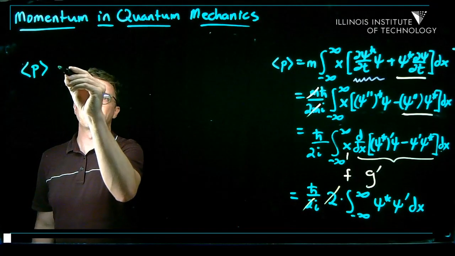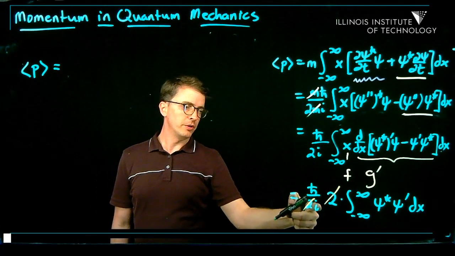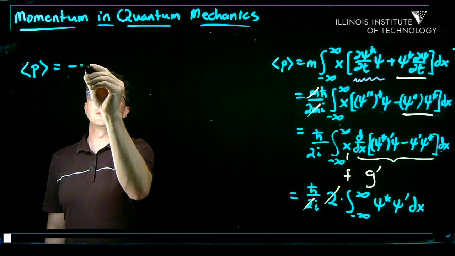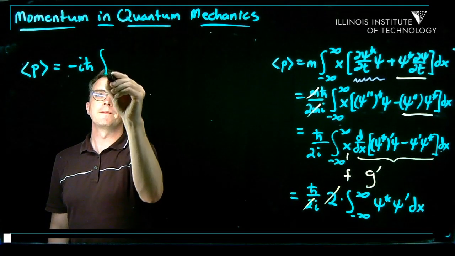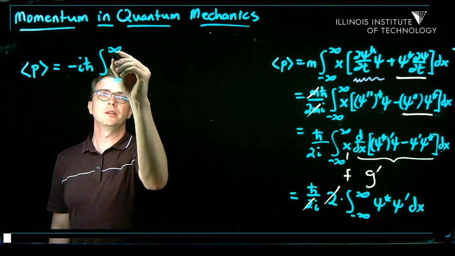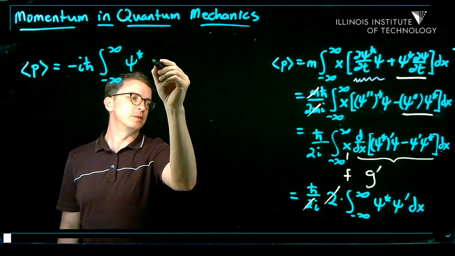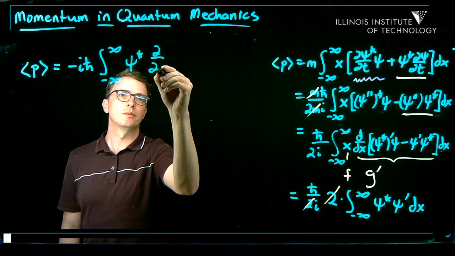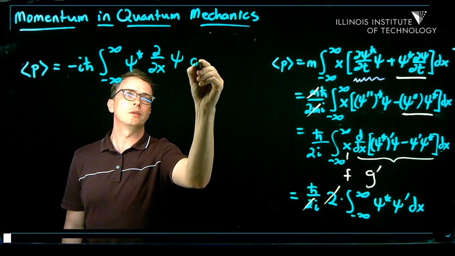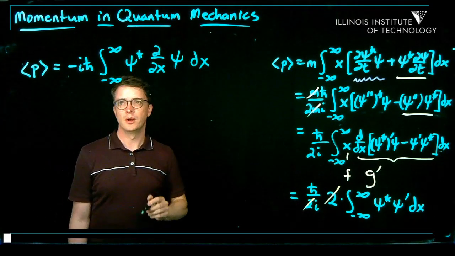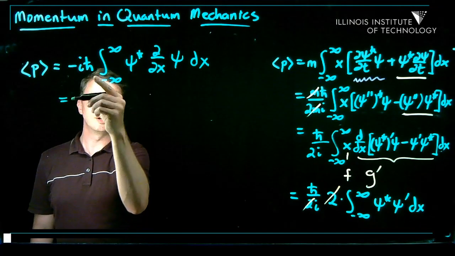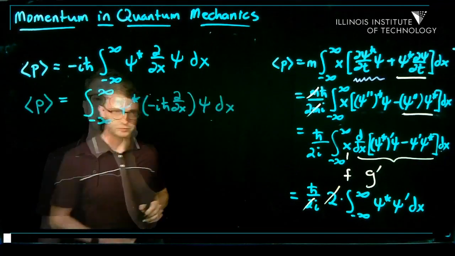Average p. 1 over i is minus i. So minus i h bar, integral from minus infinity to infinity. And I'm just going to write this in a little more explicit notation: psi star, d by dx, psi dx. And it's common to write this with the i h bar brought inside here.